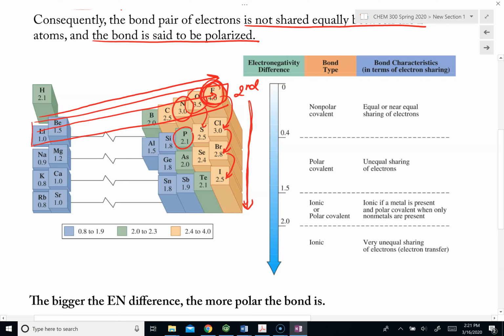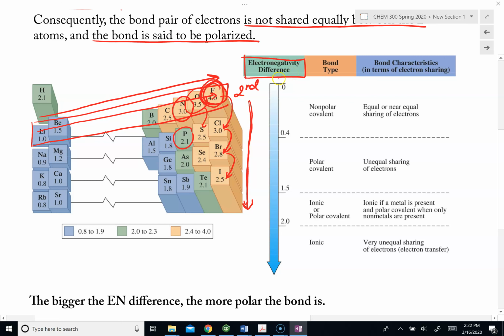Now, we can use electronegativity value to figure out whether a bond is polar or nonpolar. How will we be able to do that? The answer is by looking at the electronegativity difference. Anytime we have a bond between two atoms, and each atom has a particular electronegativity value, we want to know the difference between the two atoms.